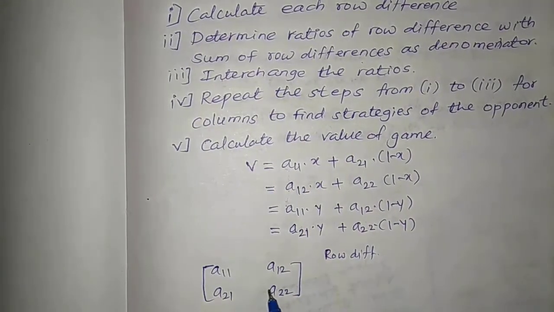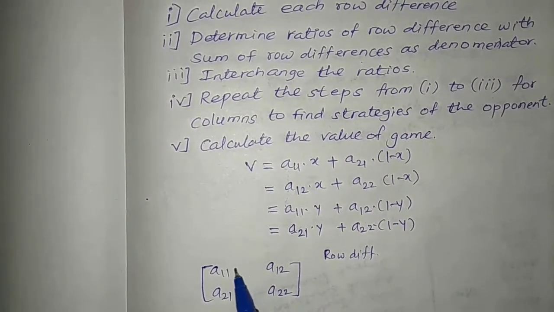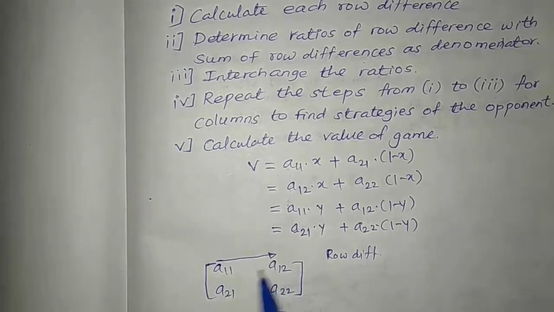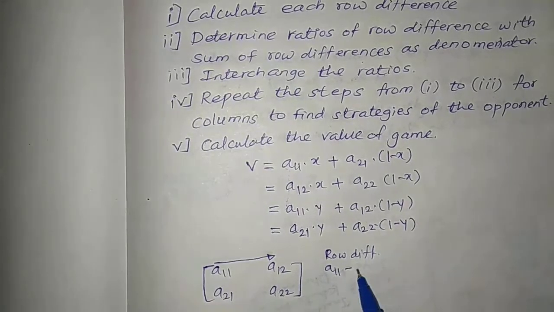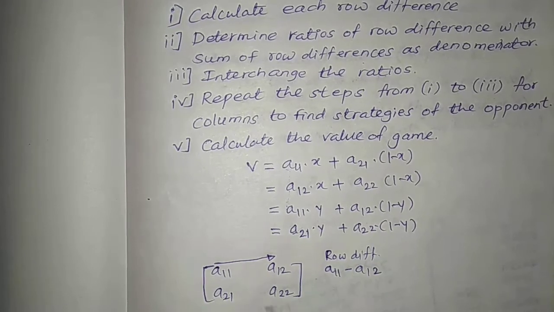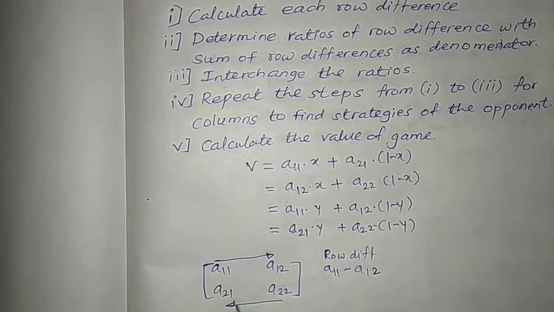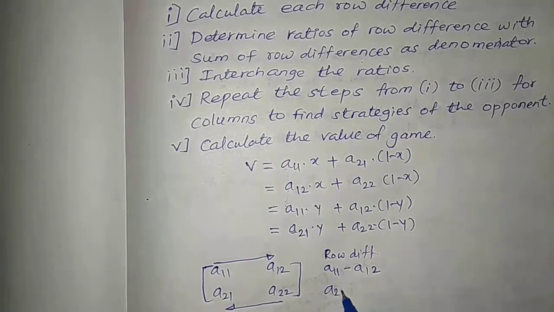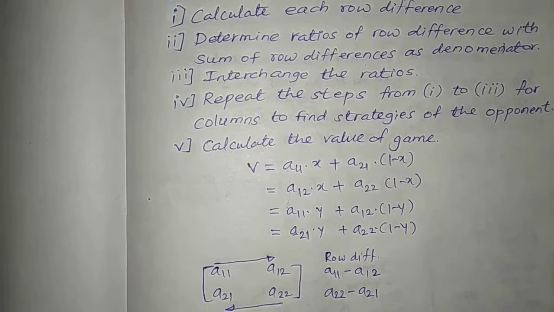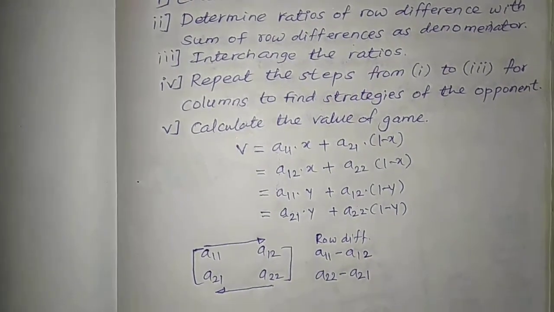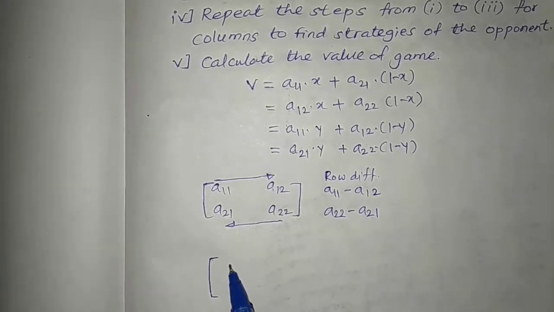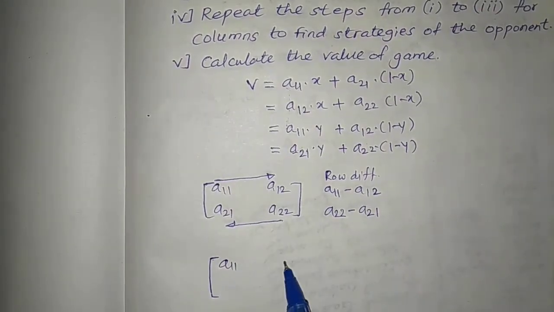The row difference for the first row is a11 minus a12, and for the second row the row difference is calculated as a22 minus a21. This is the way to calculate the row differences. And to determine the column differences, let us see how to calculate them.